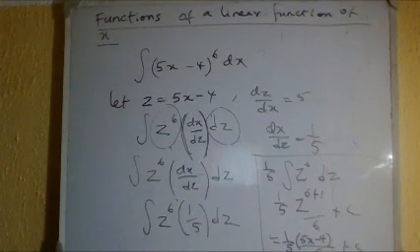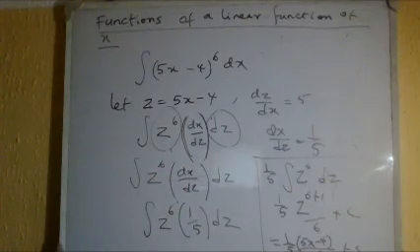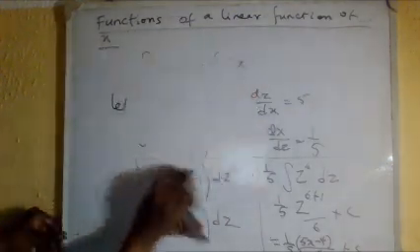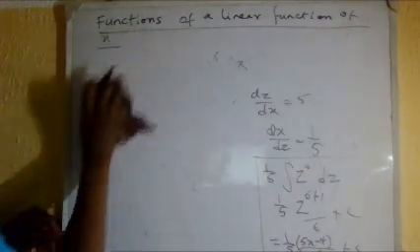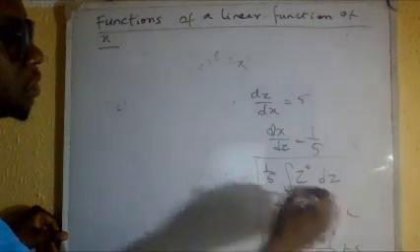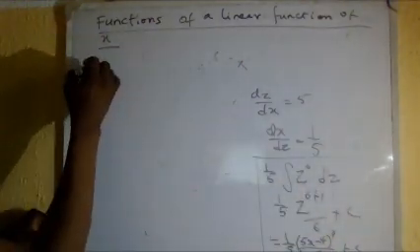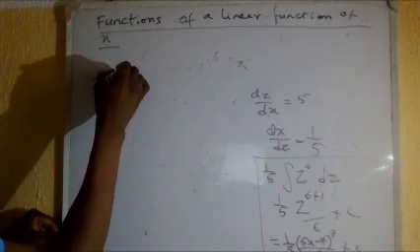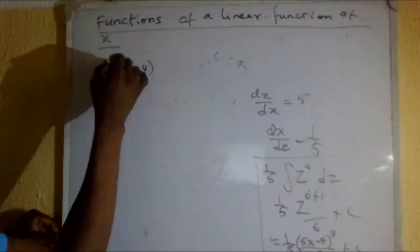Okay, so this one too can be expressed as, let me finish up this question. There's a 7 here, please note that that's the power. So it's 1 over 5 times (5x minus 4) raised to power 7, over 6, plus c.